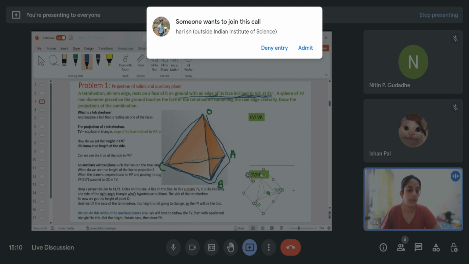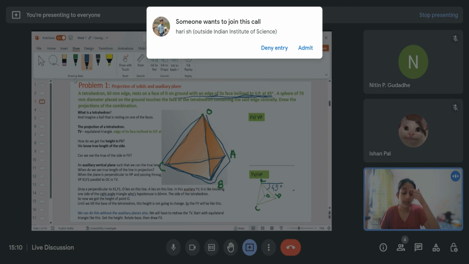So this approximately will make an angle of 45 with the vertical plane. This is point O. So if I draw a horizontal line over here, then this angle is 45 degrees.